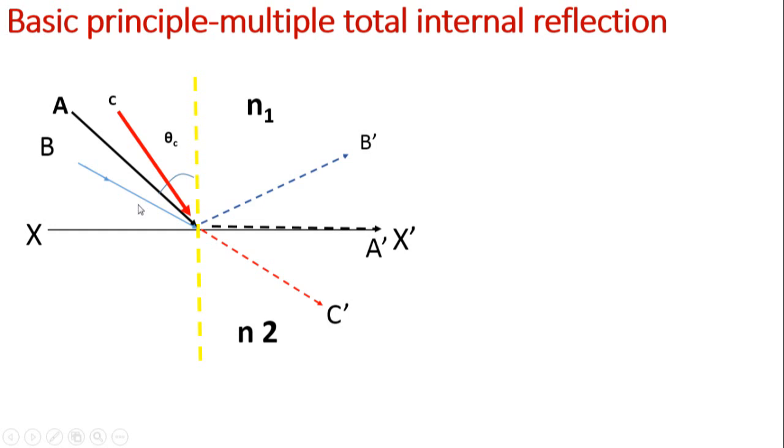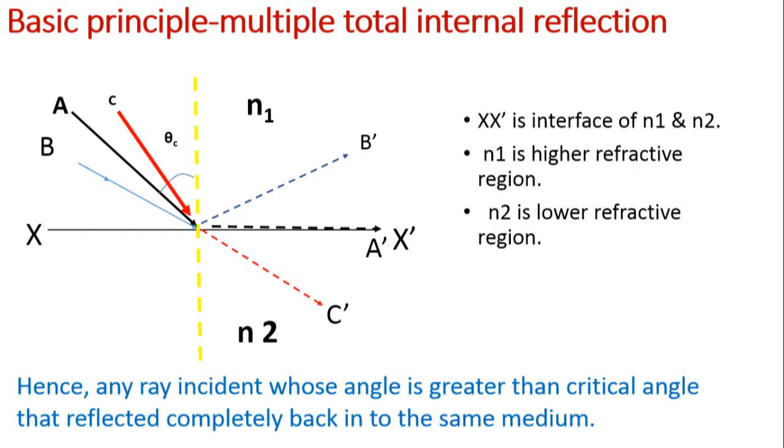Any ray whose angle of incidence is greater than theta C is completely reflected back into the same medium. So any ray of incidence whose angle is greater than the critical angle is reflected completely back into the same medium.